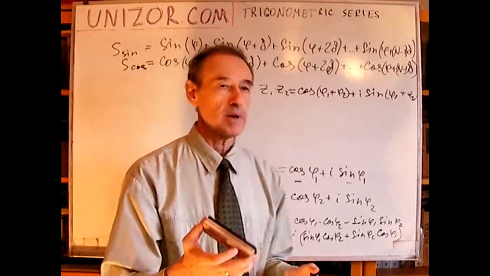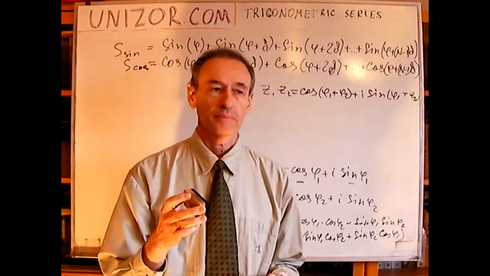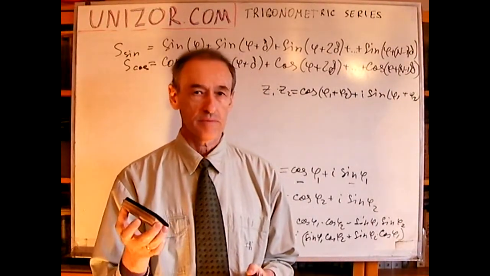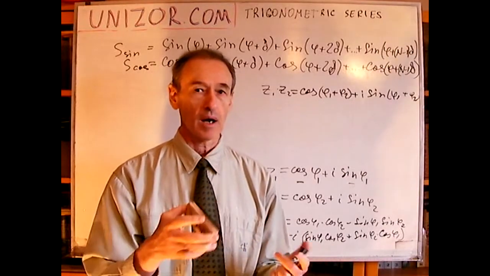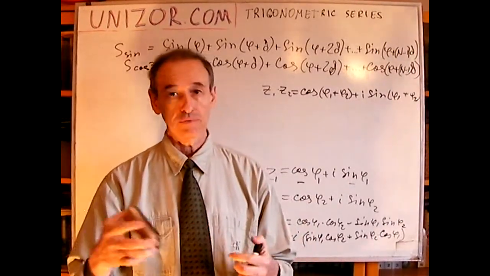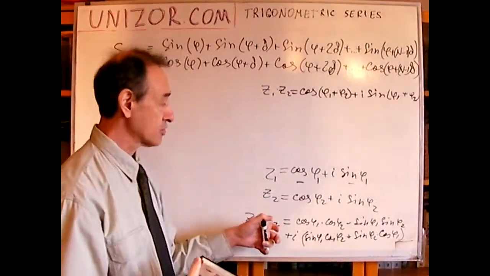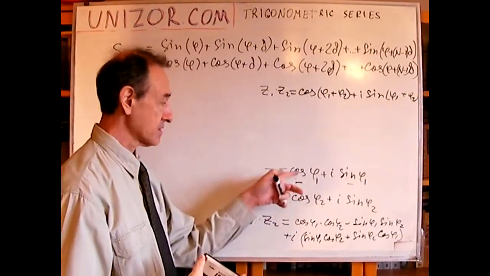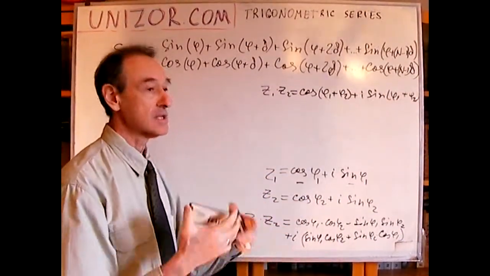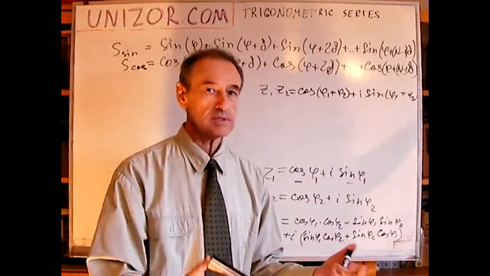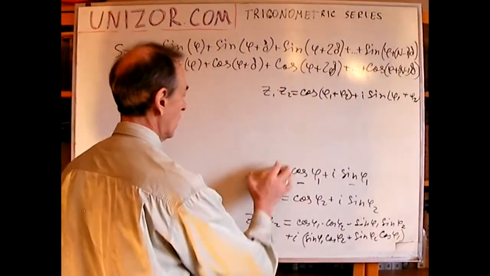In some way, by the way, it resembles logarithms, if you remember. The logarithm of the product is equal to the sum of logarithms. Here is actually the same thing. The angle of the product is equal to the sum of angles. In some way it's similar, if you wish.